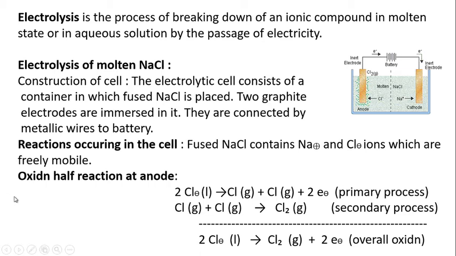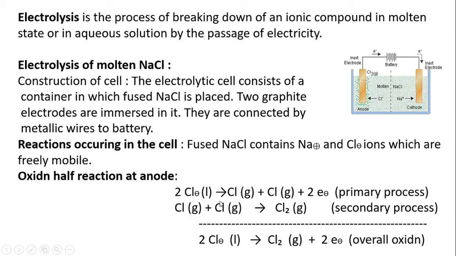Now the oxidation half reaction takes place at the anode. Oxidation means the loss of electrons. The electrons are lost by the chloride anion and a chlorine atom is formed, and this neutral chlorine atom combines with another neutral chlorine atom to form chlorine gas.